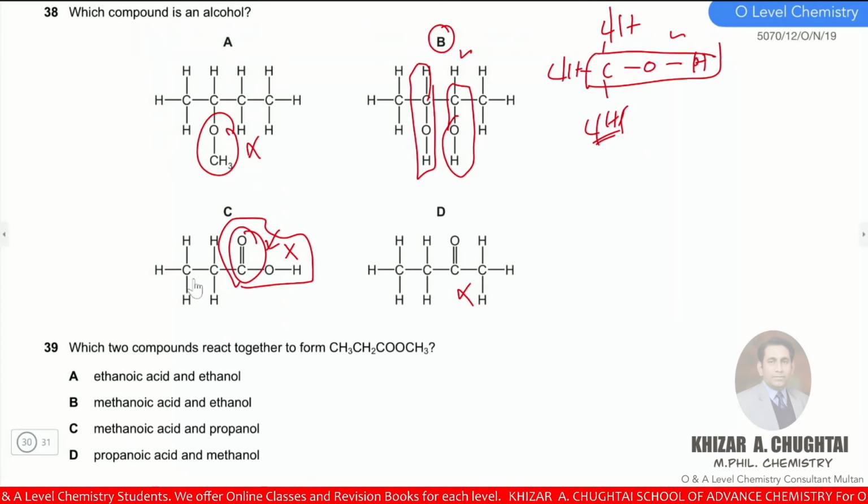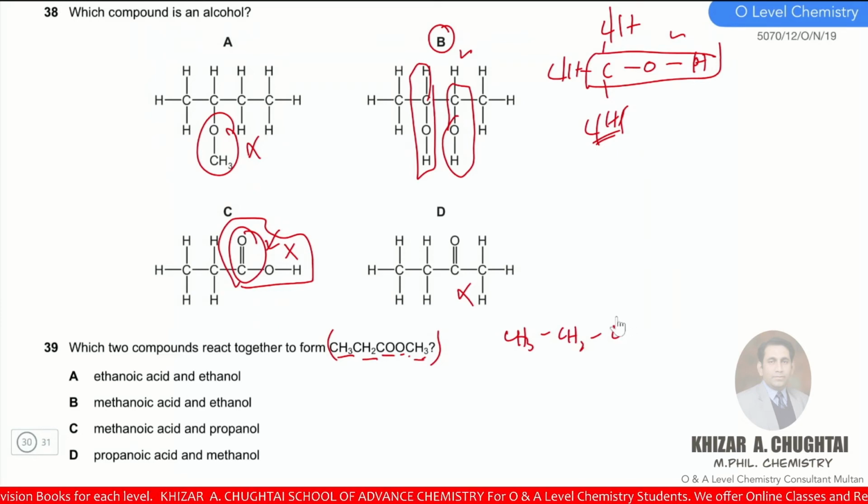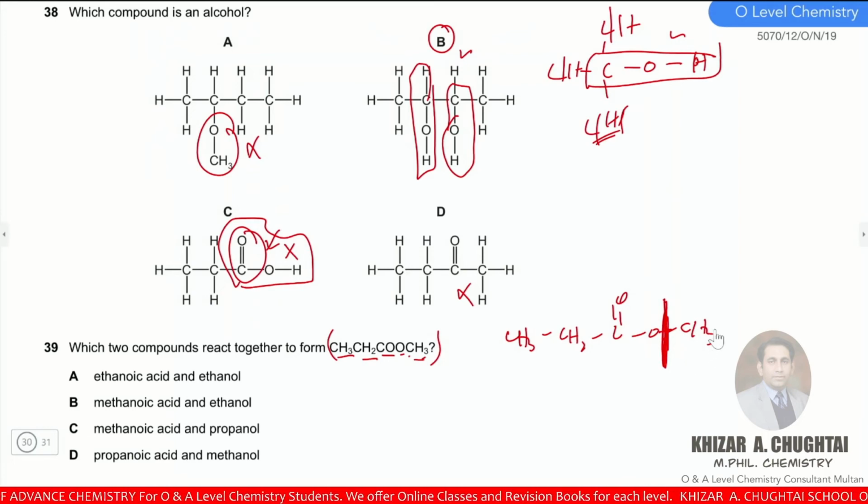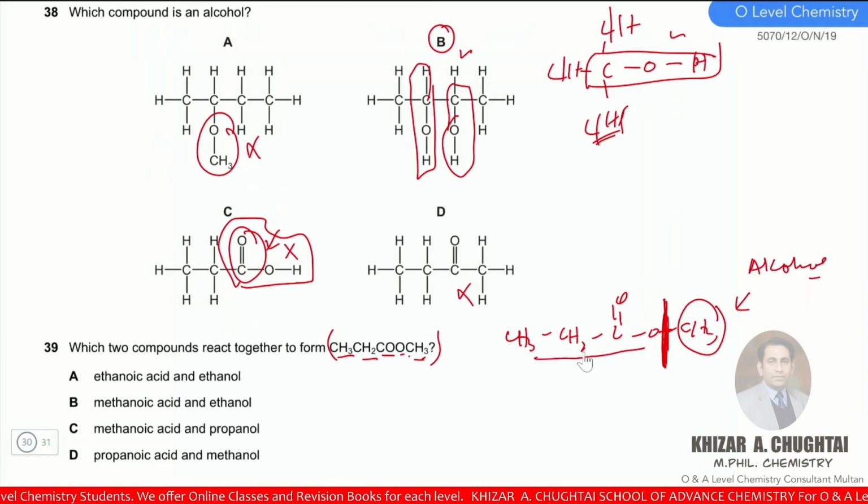Question number 39. Which two compounds react together to form CH3CH2COOCH3? That is an ester. I am going to write it once again. If I break this molecule at the C-O linkage, this portion is from the alcohol, and the portion that has both oxygens is from an acid.